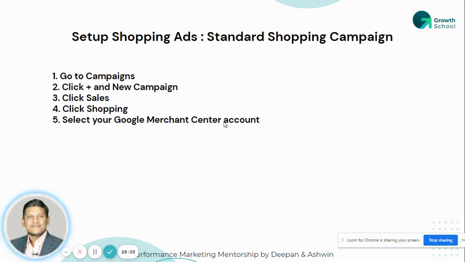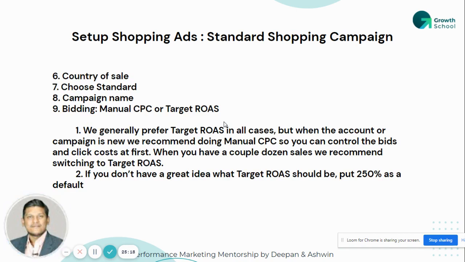Okay. Then there is this thing called standard shopping campaign. So how to set this up? You go to campaigns, click on new campaign, click sales, shopping, select your account, then country, standard campaign name, then the bidding strategy needs to be selected. And here there is something very important.